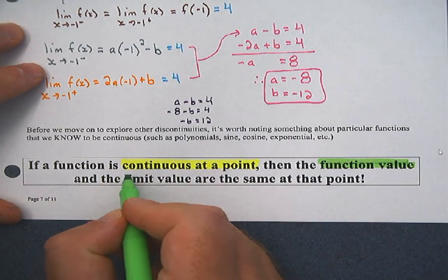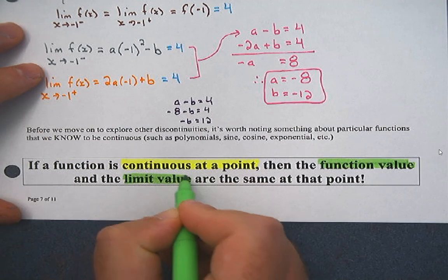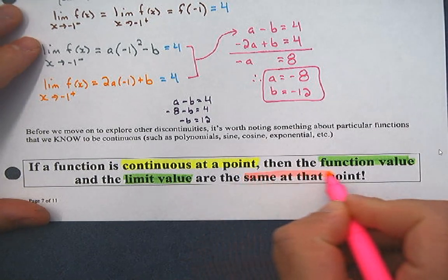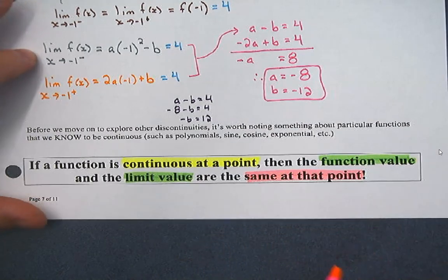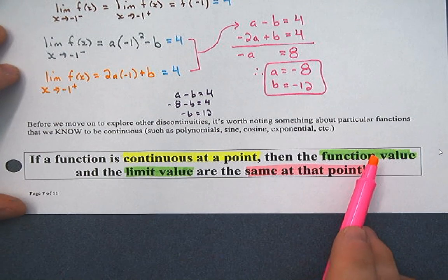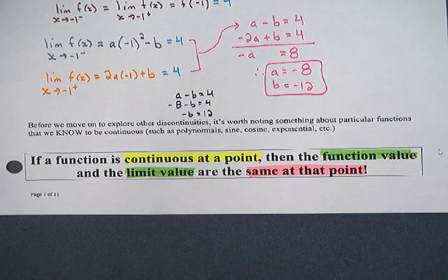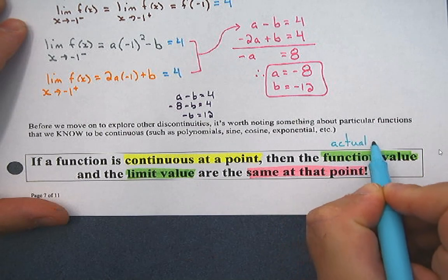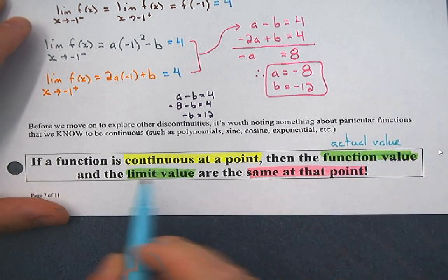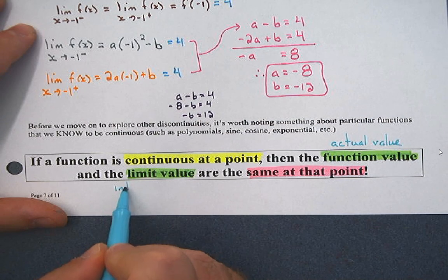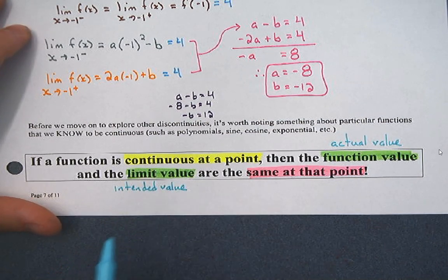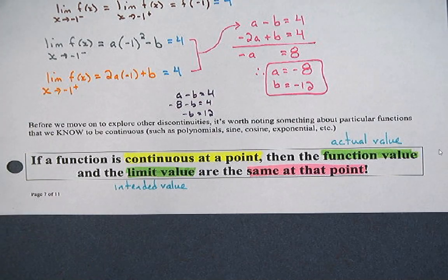The function values and the limit values are at the same point. I kind of think of it as the same height. They're at the same y value. They're at the same place. When I say function value, that's what the graph actually is. Actual value. When I say limit value, that's the intended value. It's where the graph intended to go.